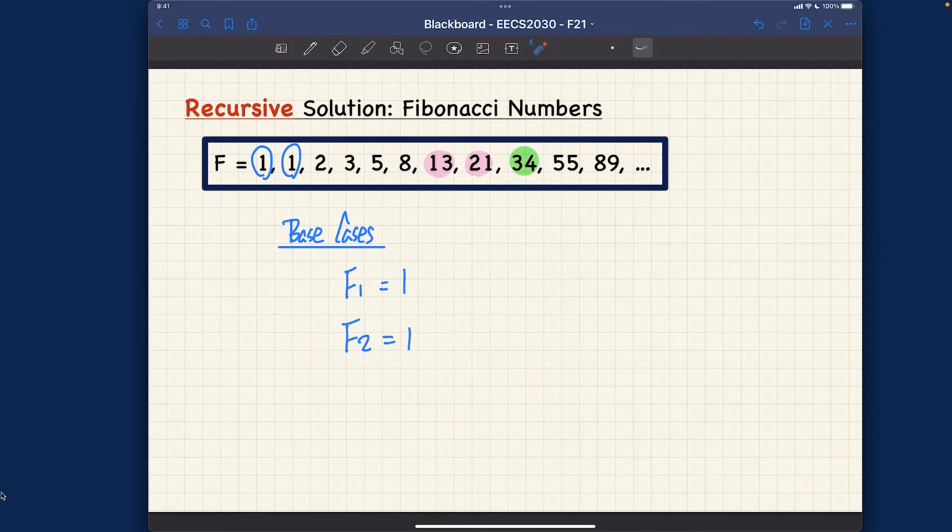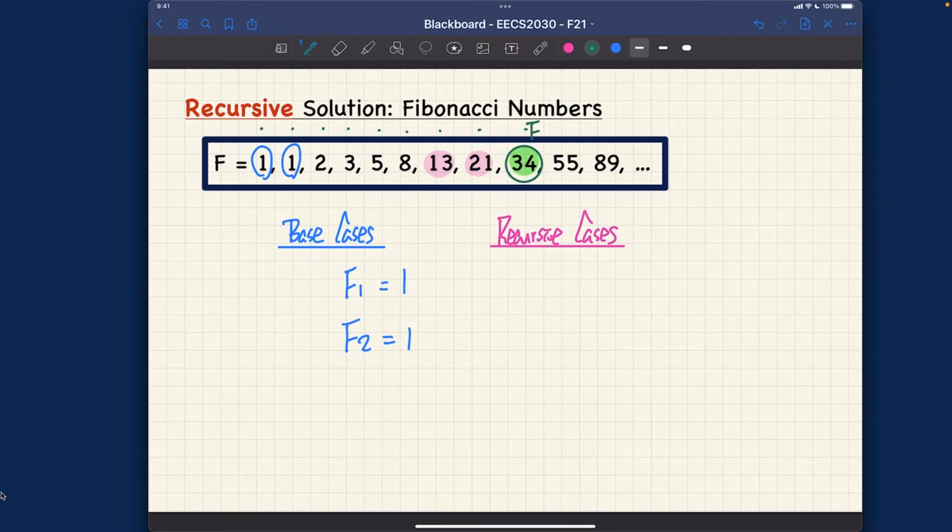So what about recursive cases? Let's look at the example I put here. Which number is this? You can see 1, 2, 3, 4, 5, 6, 7, 8, 9, so this number is the 9th number in the sequence.